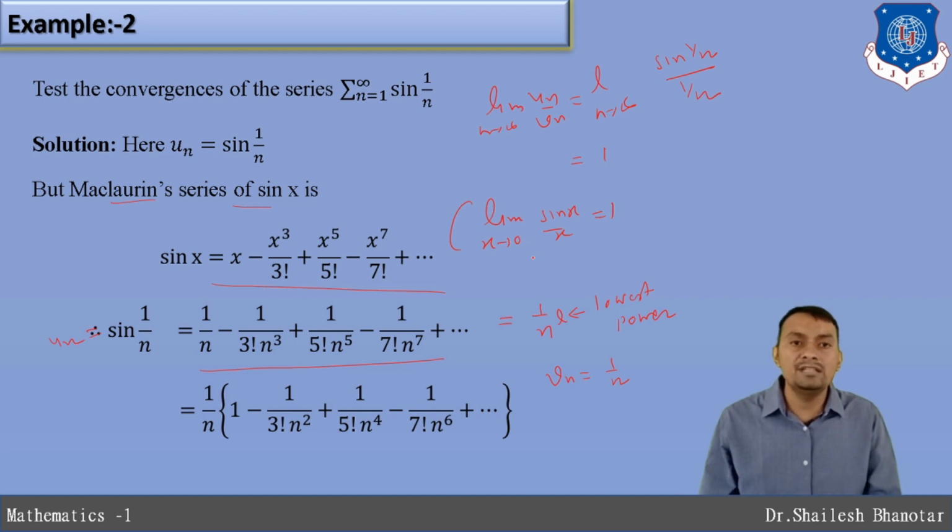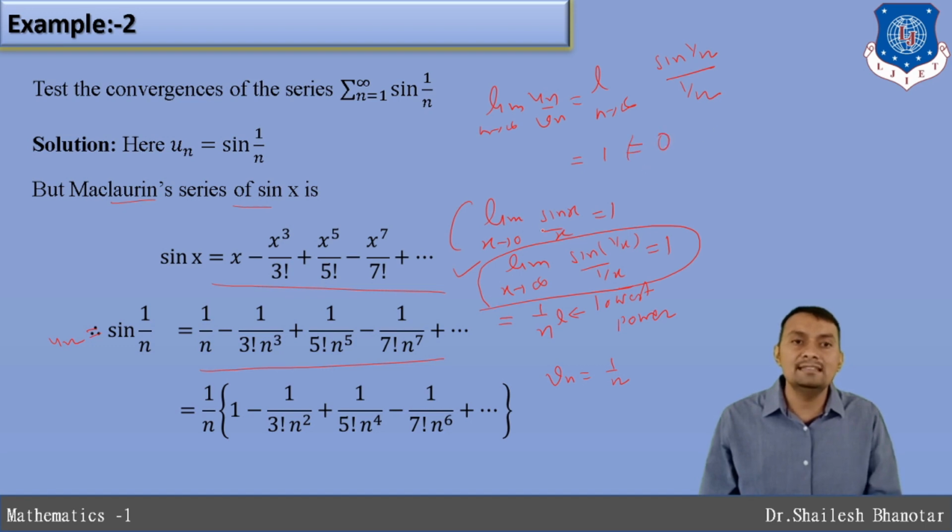Putting x as 1 by n, with n tending to infinity, sine 1 by n divided by 1 by n is also going to be 1. So the answer is 1, a non-zero finite quantity.